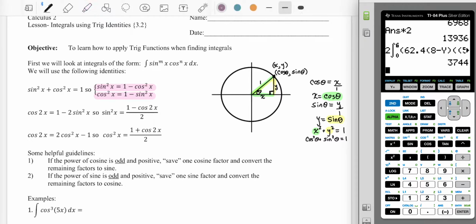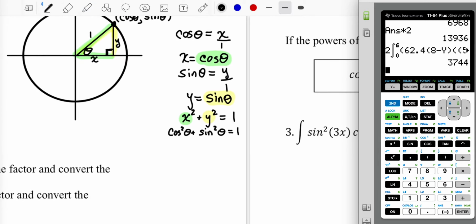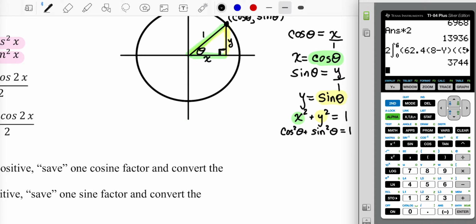Something that's not listed here is something that we talked about and is very helpful, and it comes up in a couple of pages. If you divide each term by cosine squared, cosine squared divided by cosine squared is equal to 1.